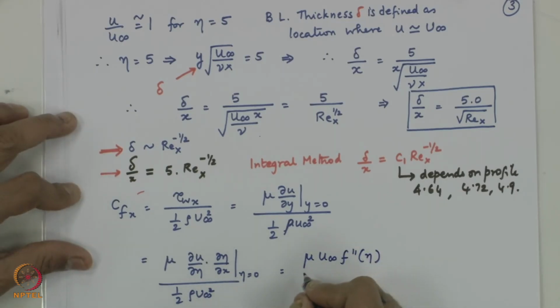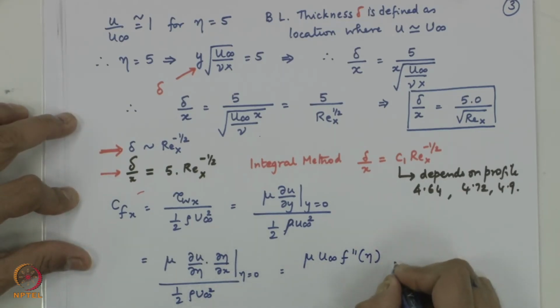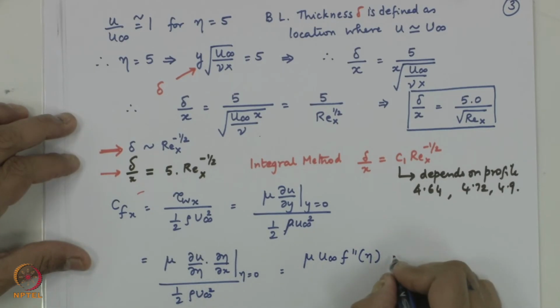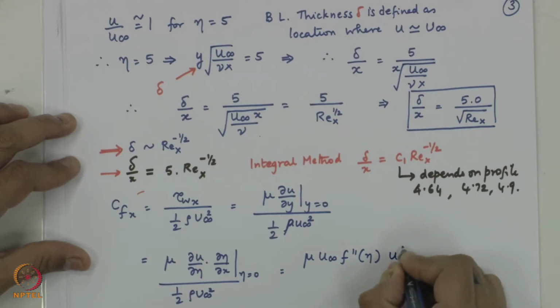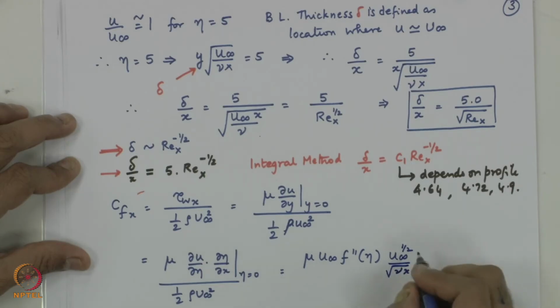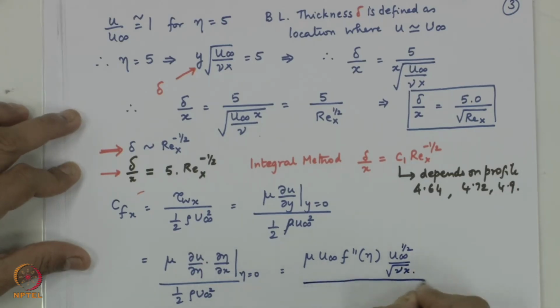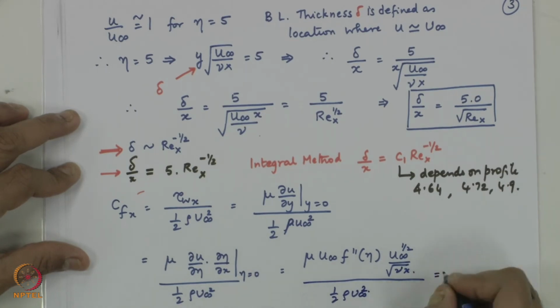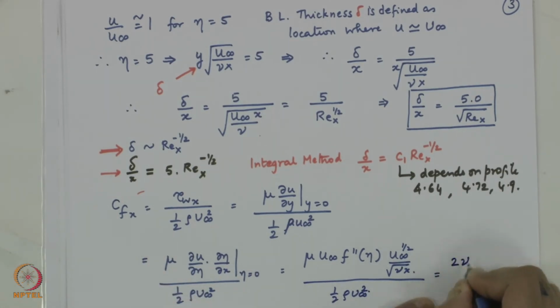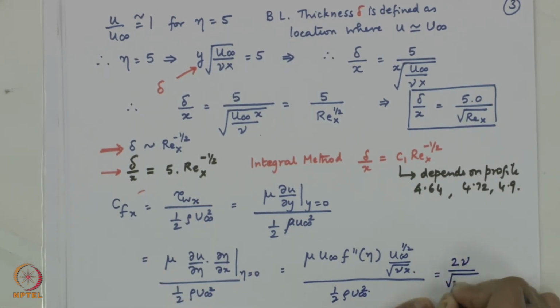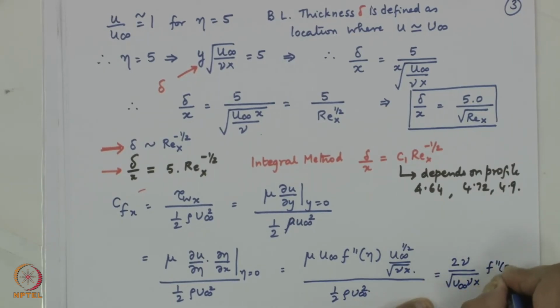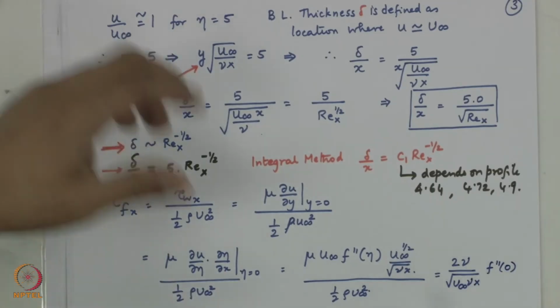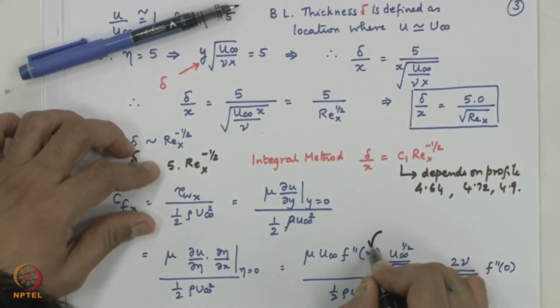d eta by dx is going to be root of u infinity by nu x, divided by half rho u infinity squared. This on simplification gives me 2 nu over u infinity, root of u infinity by nu x, f double prime of 0. You can just simplify. This is all at eta equal to 0.